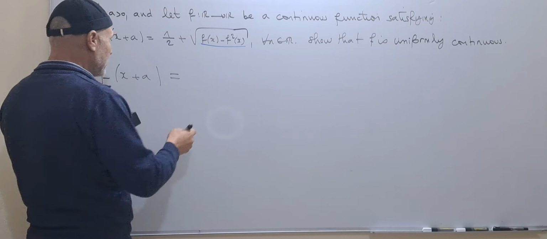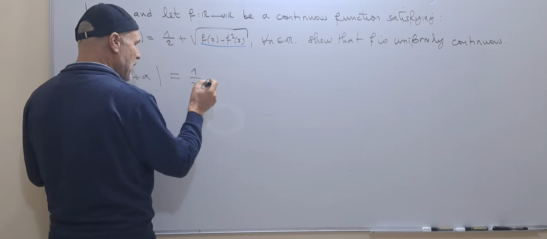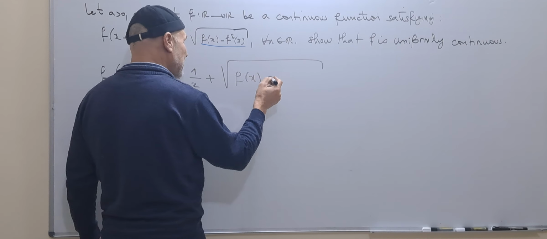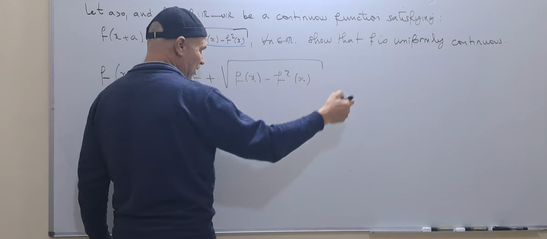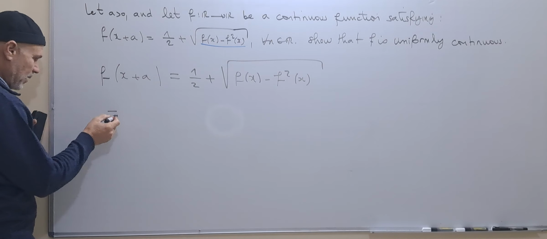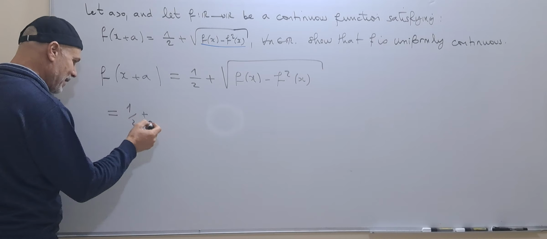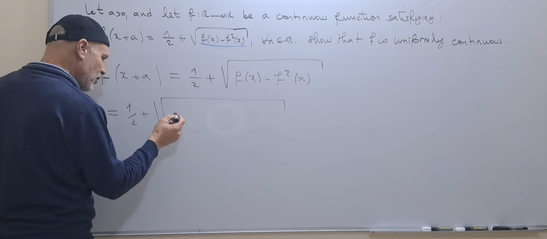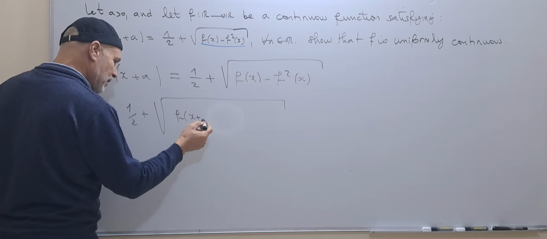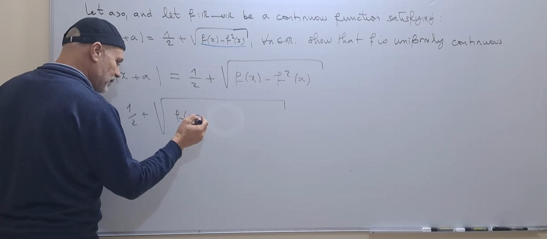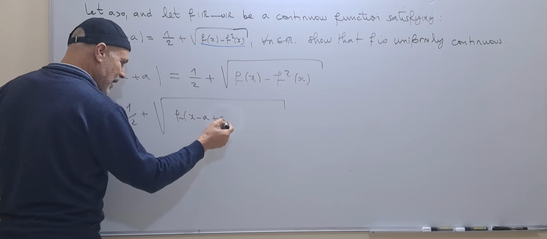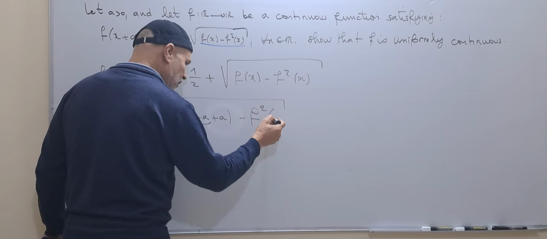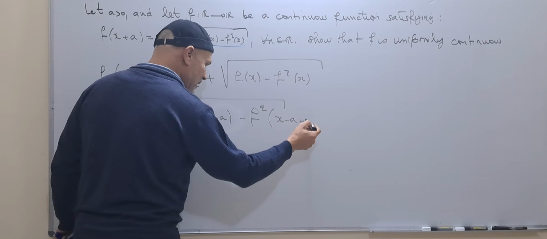We can write it equal to 1/2 plus the square root of f of x minus f square of x for all x in R. And here we can write this equal to 1/2 plus the square root of f of x, we write f of x minus a plus a, minus f square of x minus a plus a.